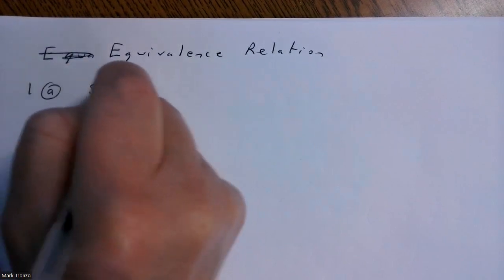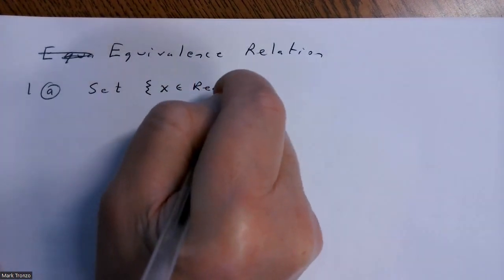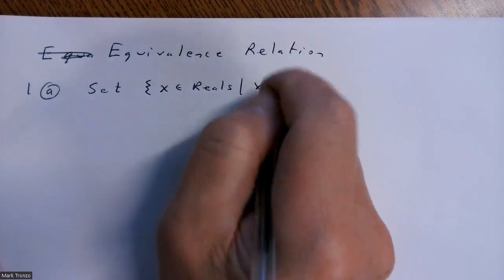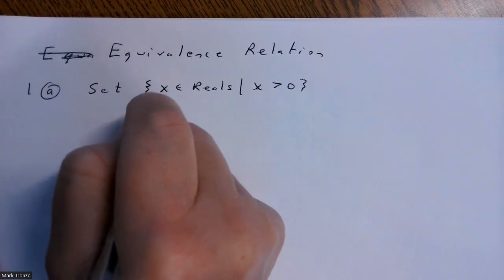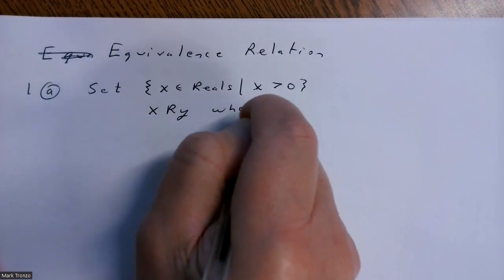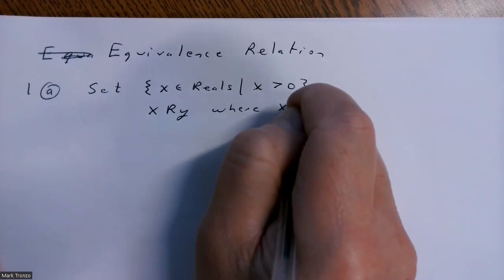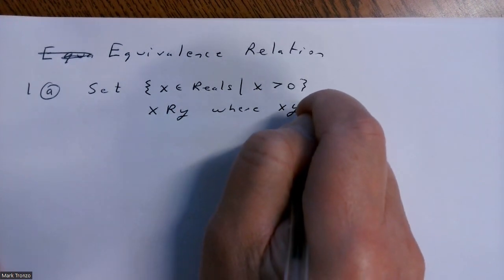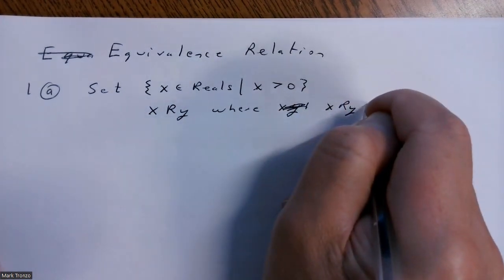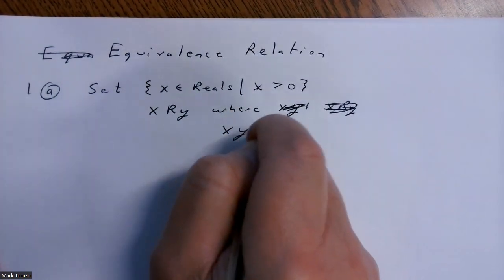So here's the set: X in the reals such that X does not equal 0, and they're considered related, X R Y, where XY is equal to 1.